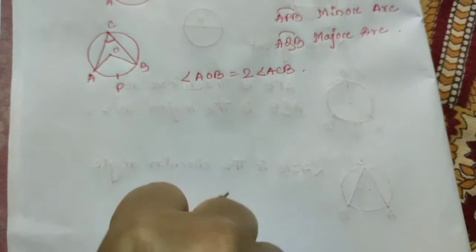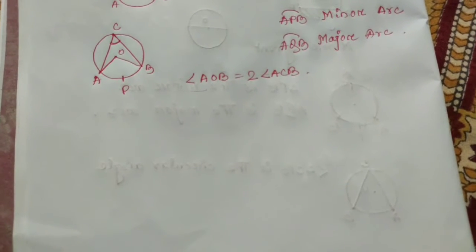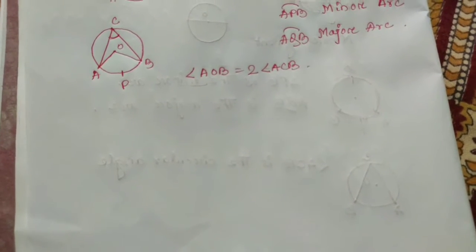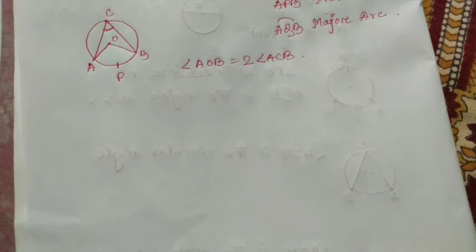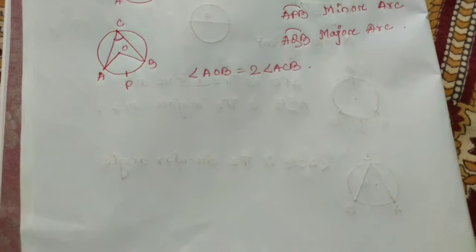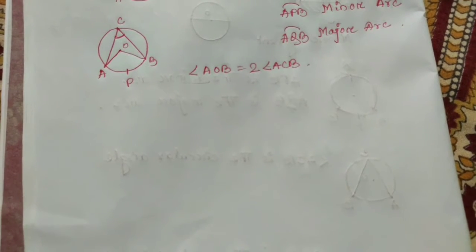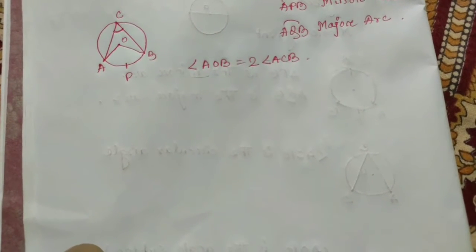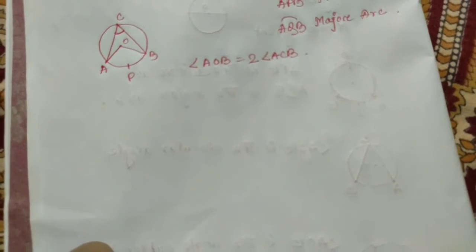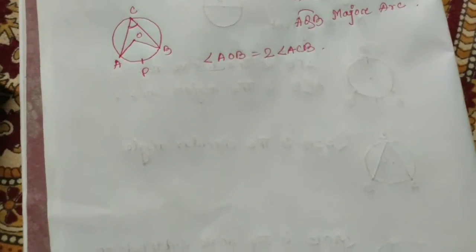That means the angle subtended at the center of the circle and the angle subtended at the circumference of the circle, then the angle subtended at the center of the circle is twice the angle subtended at the circumference of the circle if both the angles are opposite to the same chord.